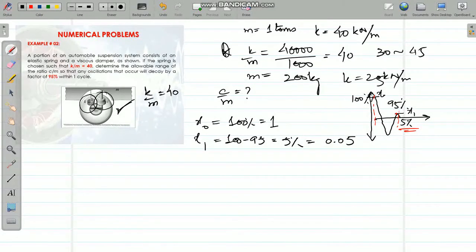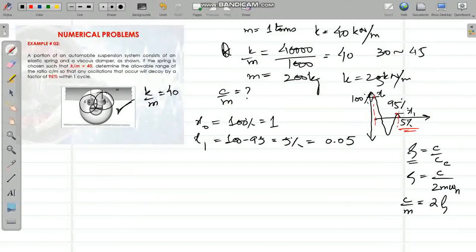We are interested in finding c, and you know that c is related to zeta. If we find the value of zeta, then we can use it to get c. Simplifying this relation, you know that c_c is 2 m omega n, so c over m is nothing but 2 zeta omega n.